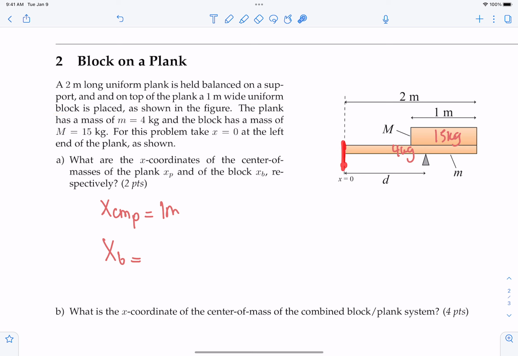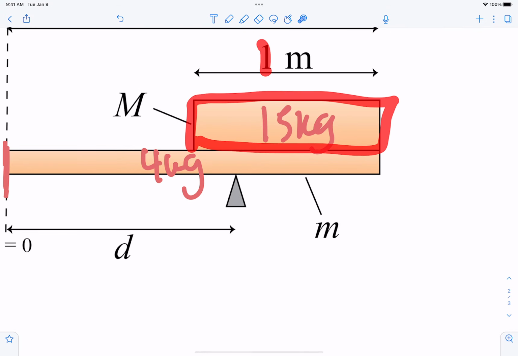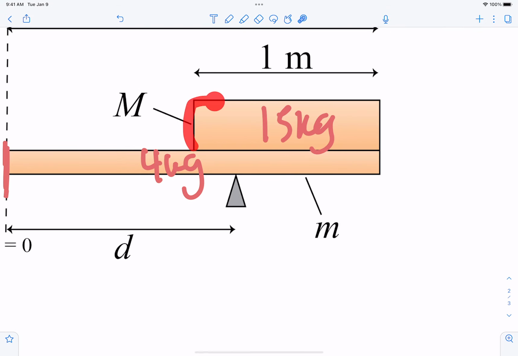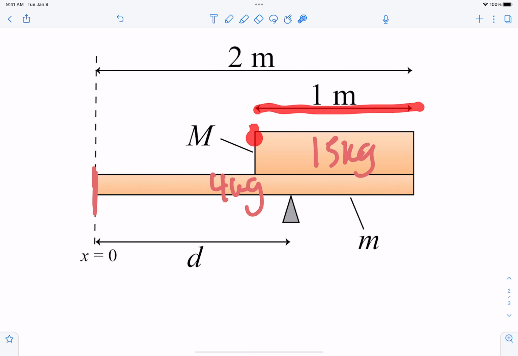So we start from here, this is 0 meters, and then this block right here is 1 meter, right? Just the block here would be 1 meter. So this is 0, up here is then 1, and here's 2.